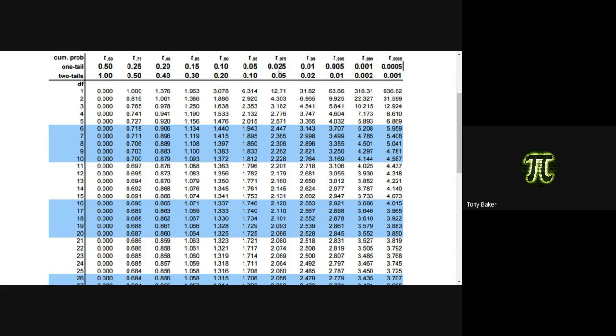On yours, you just have the one tail, so you'll have to look for the 0.025. So we go down to 24, and we get 2.064. Everybody figure out how to get the 2.064?